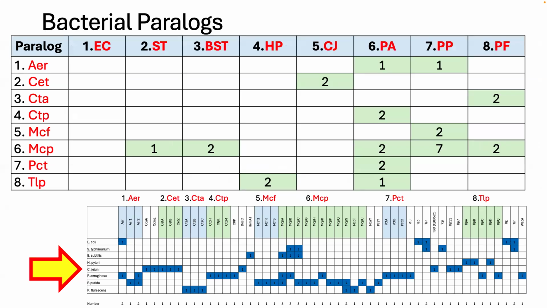Well, now I wanted to start to build up the bacterial paralogs, and we can see how many paralogs exist in these different types of bacteria. And so I'm listing the bacteria over here and the groups.